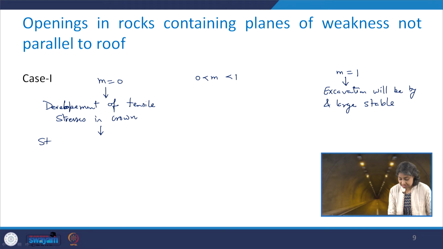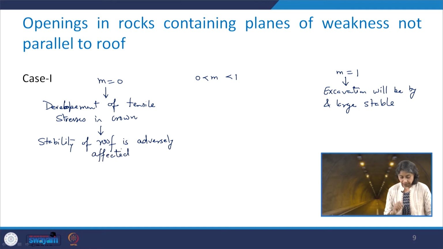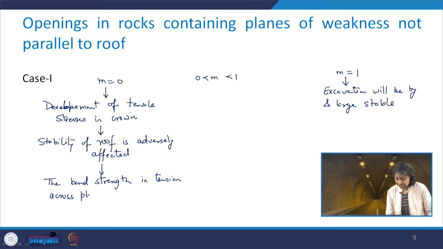So in this case the stability of the roof is adversely affected. What will happen in this case? The bond strength in tension across the planes of weakness will govern the design.